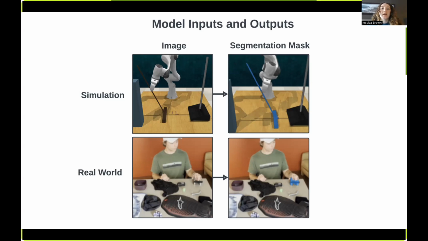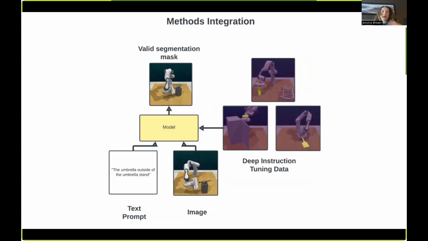So at a high level, the segmentation model that we developed has the following inputs and outputs. RGB image data as inputs, and text prompts that our segmentation model then uses to generate valid segmentation masks. Here's how the two components of our method come together.